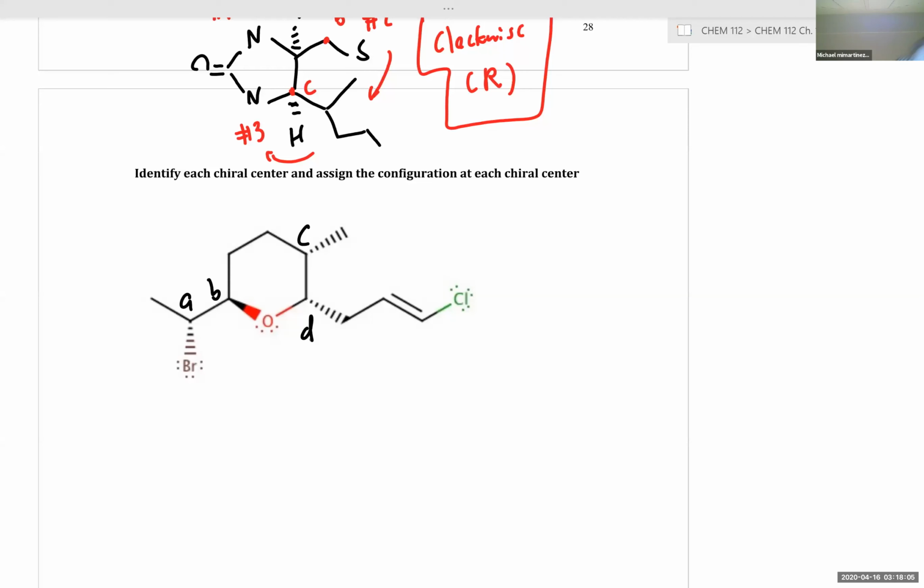Does anyone have a volunteered solution for the configuration at stereocenter D? It's okay. Would anyone like to chime in? Okay, so we have our first batch.